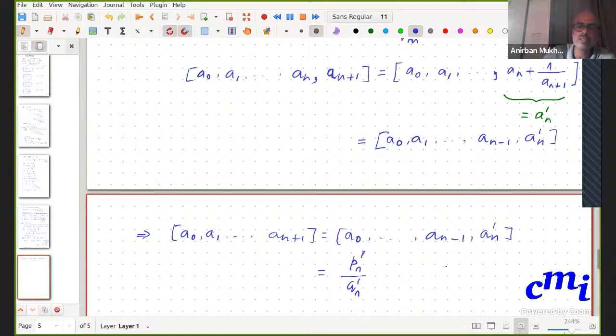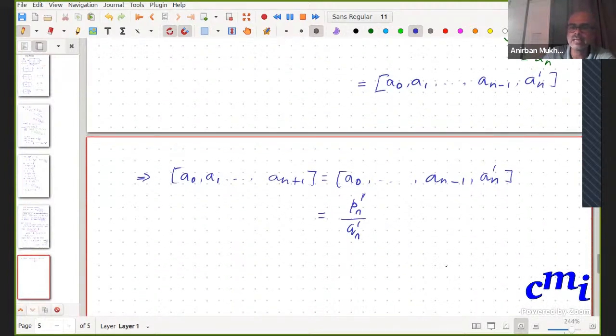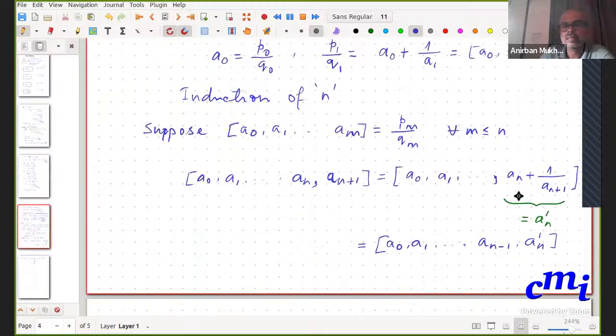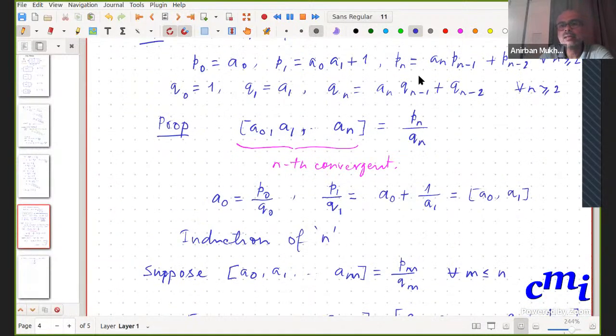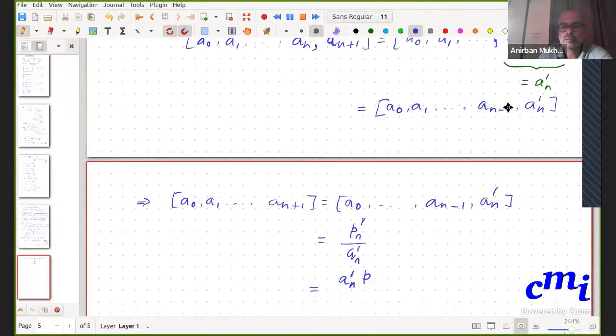Here we are using the induction hypothesis. For whatever continued fraction of n length, we know. Then we use the recurrence relation: the nth component into the previous one, that's how this recurrence relation is defined. An then pn minus 1 plus pn minus 2, and exactly in similar fashion for qn. So let me use that.